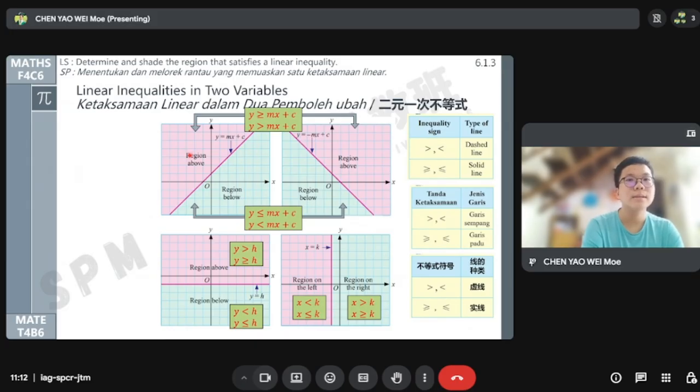Why? Because we see the tips here. If you want to represent y larger or smaller than mx plus c, the line is a dashed line. But if you want to represent a solid line, meaning y is larger than or equal to mx plus c, then I need to sketch this solid line.